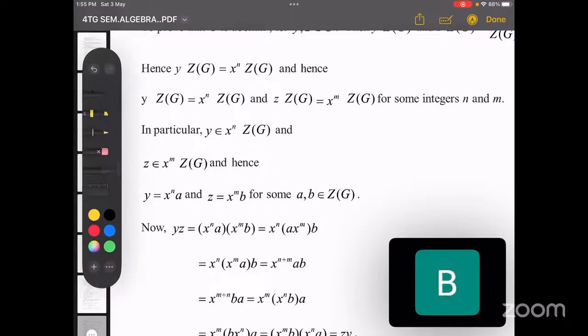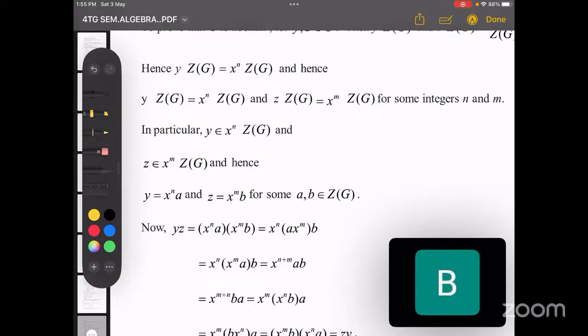We are taking the two elements such that it will be convenient for us to show that G is abelian. Now to show that it is abelian, we multiply y into z. So yz is x^n a x^m b.